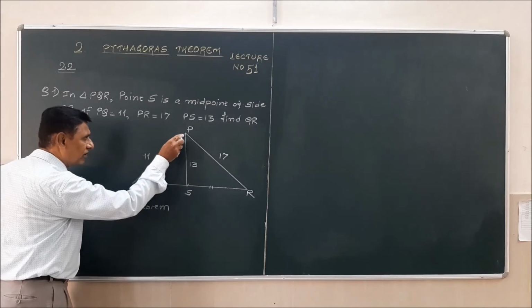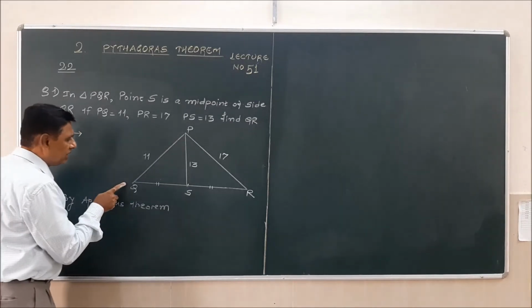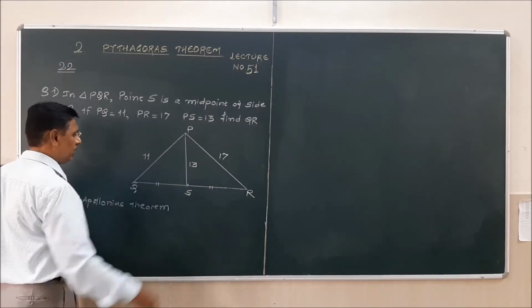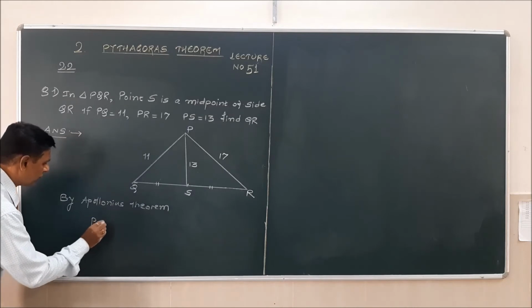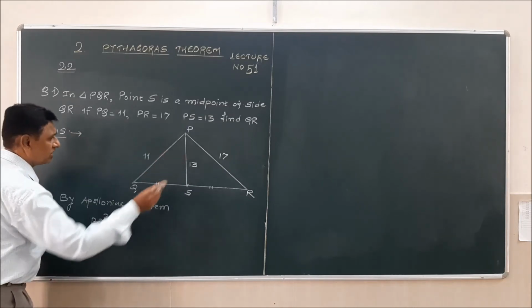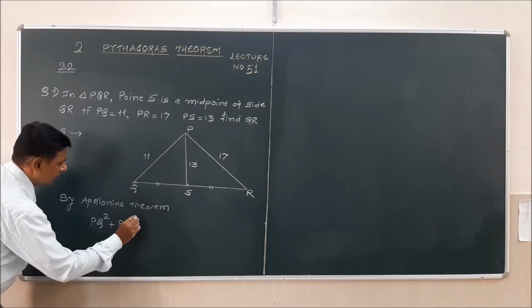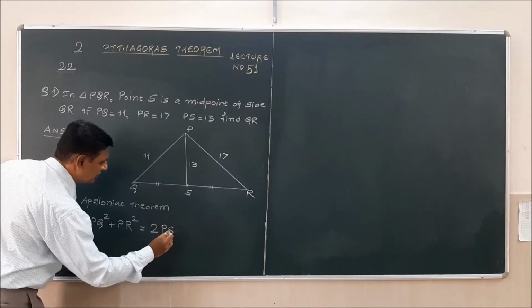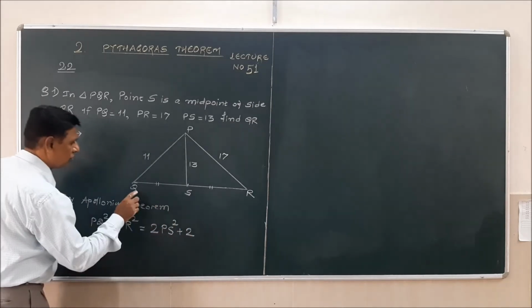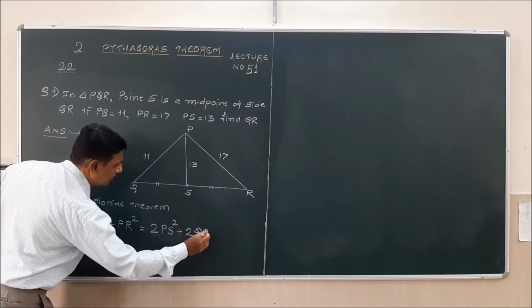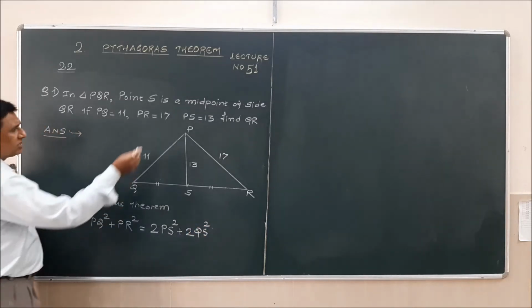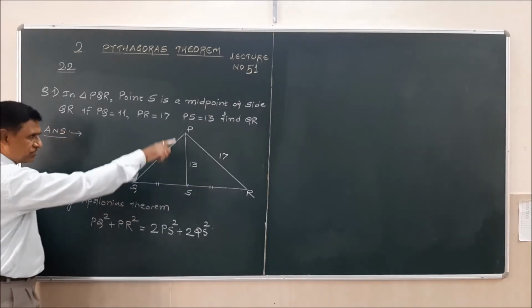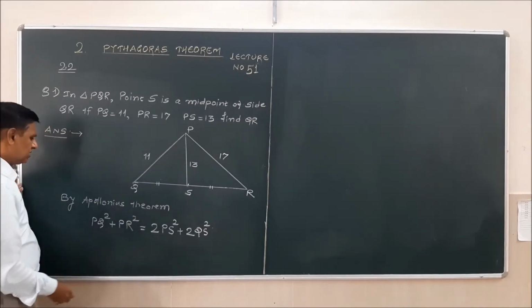Median is drawn from vertex P, and P is the union of PQ and PR, therefore PQ square plus PR square is equal to twice PS square plus 2QS square.